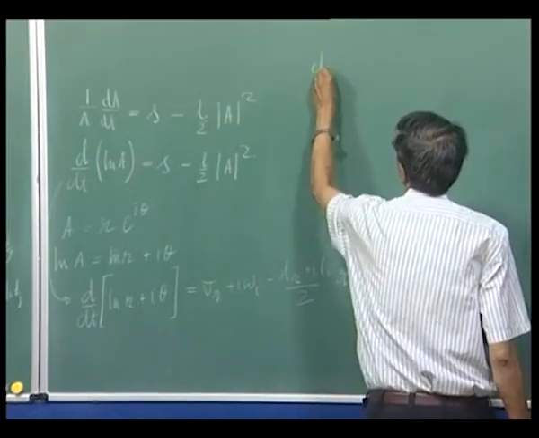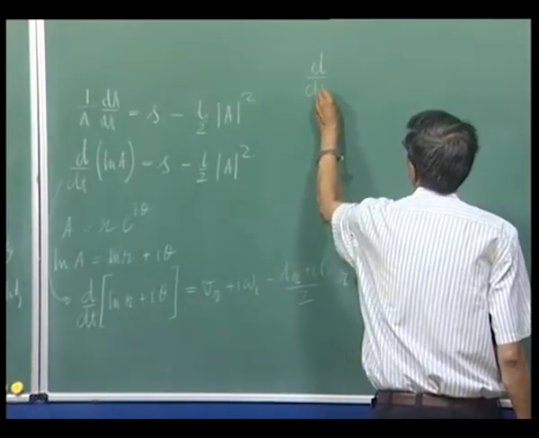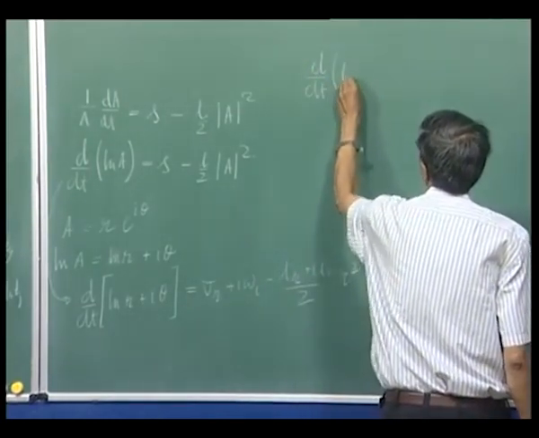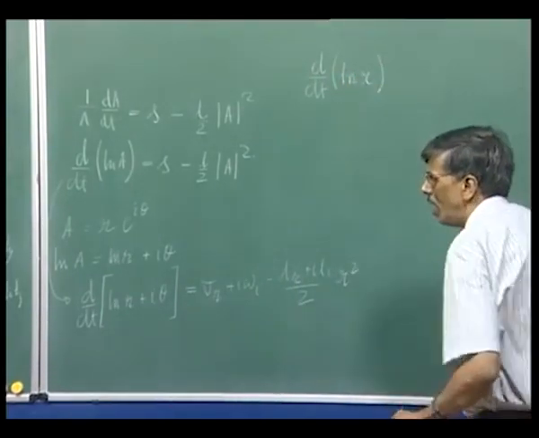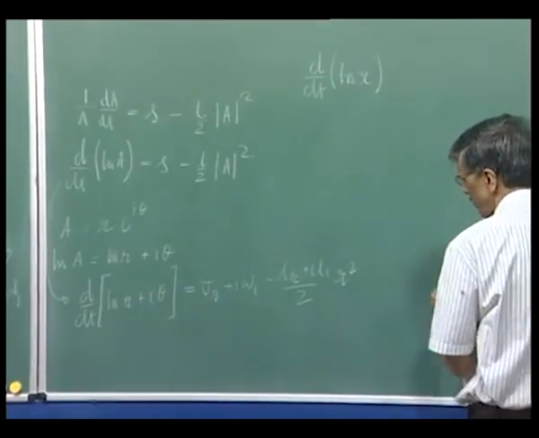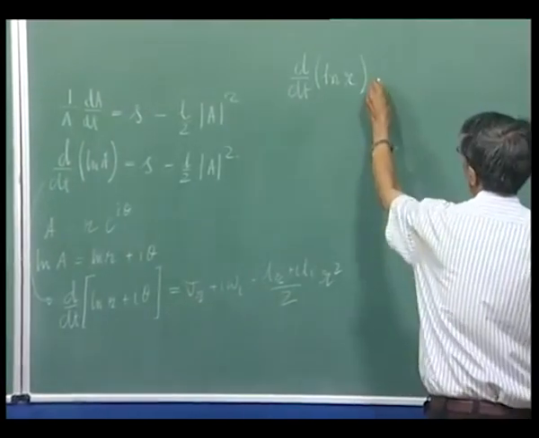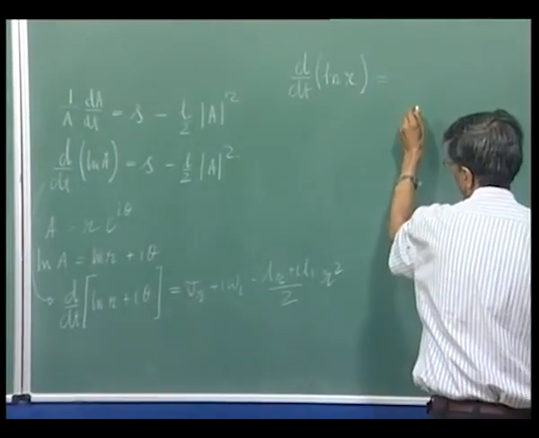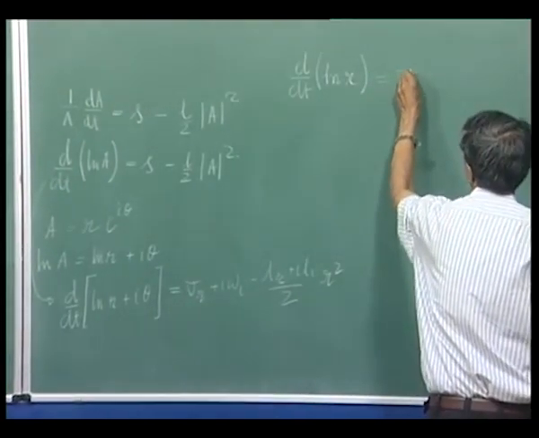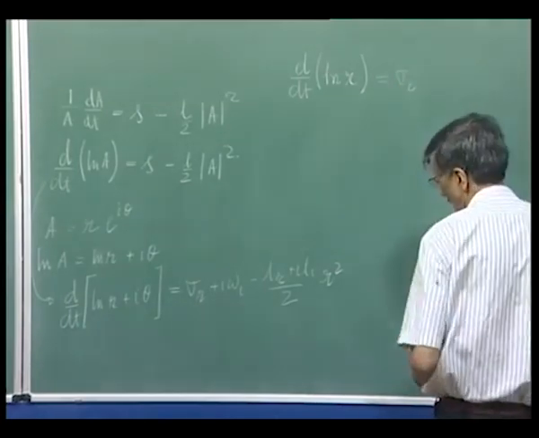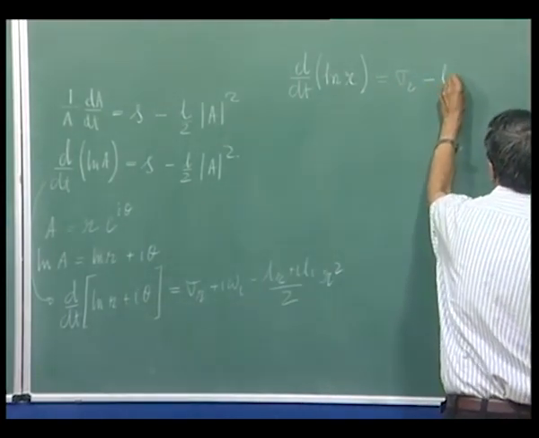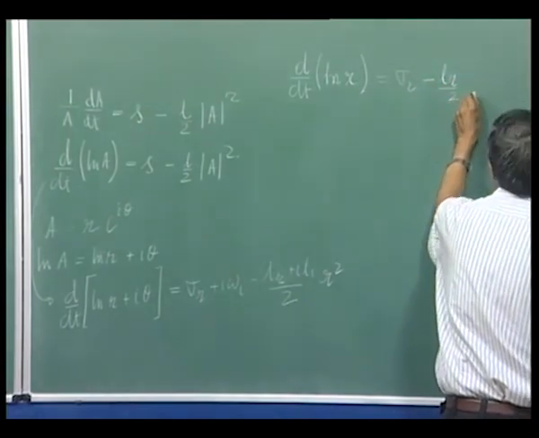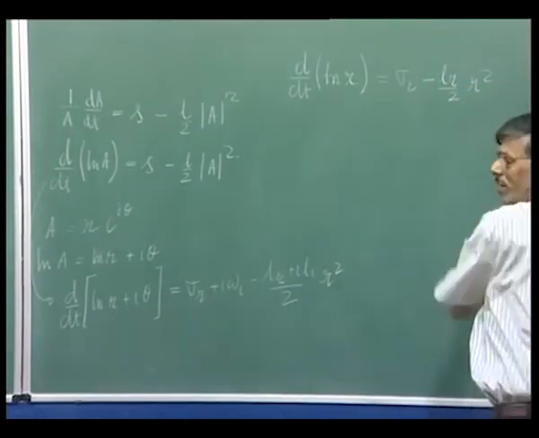The real part will give me d/dt of ln r equals sigma r, and what about here? I will get minus Lr by 2 times r squared.